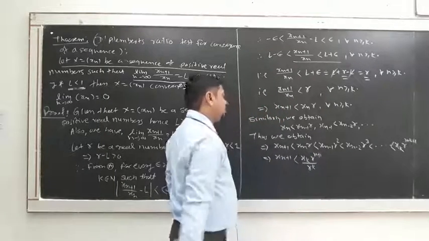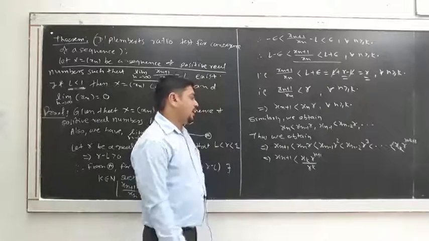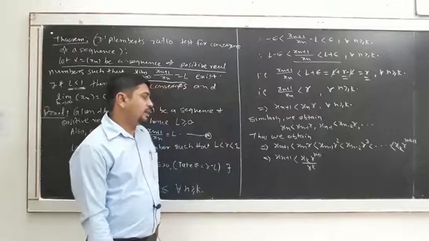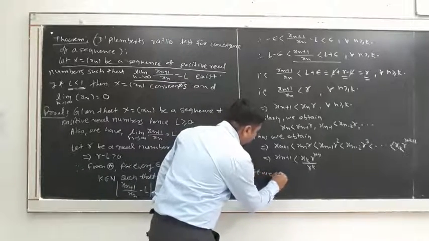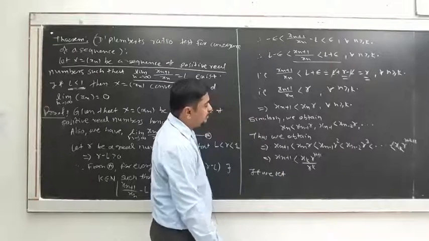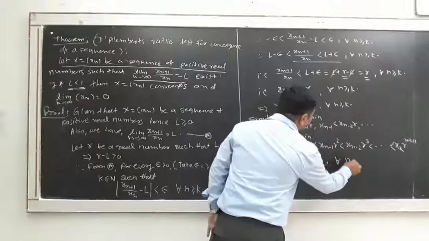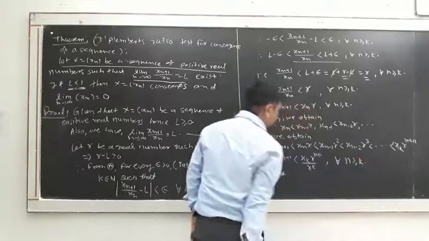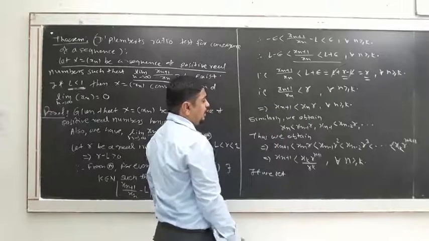So x_{n+1} is less than x_k r^{n+1} upon r^k, and this holds for all n greater than or equal to k.